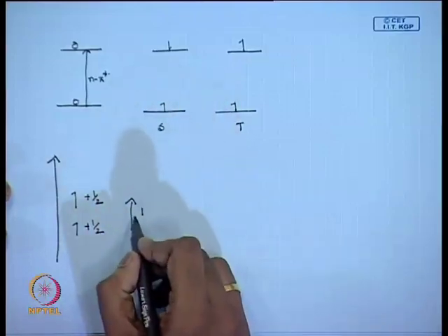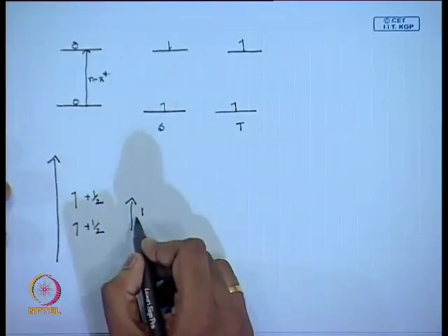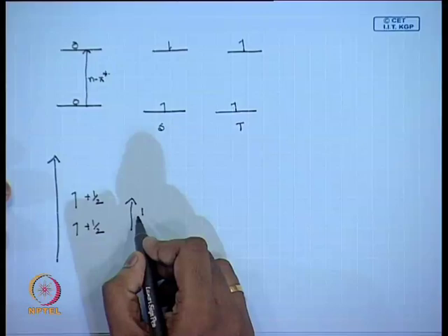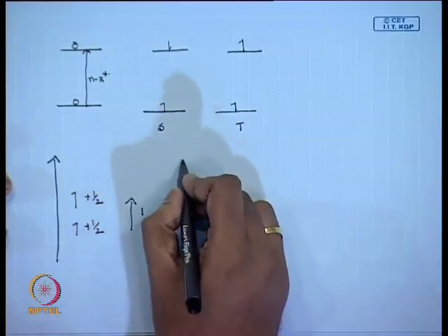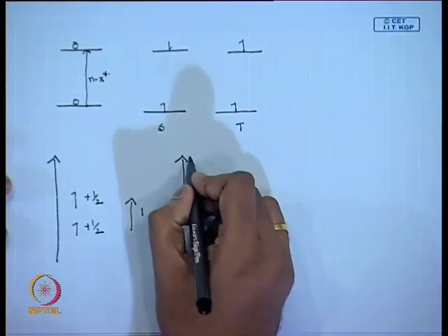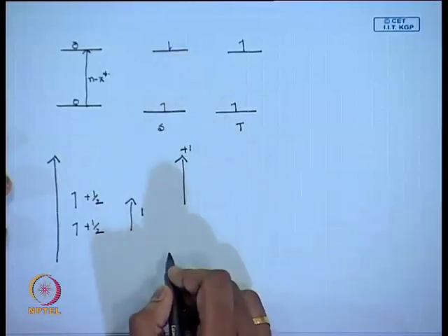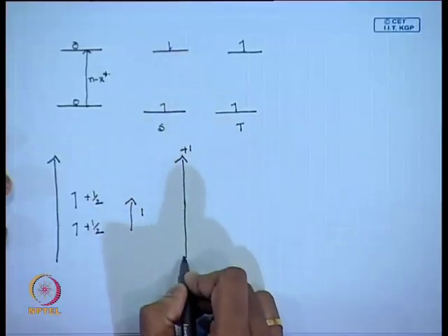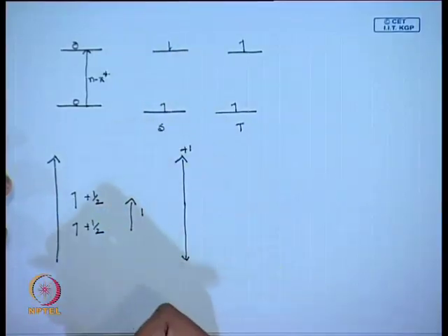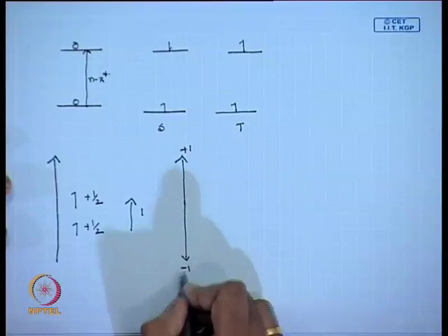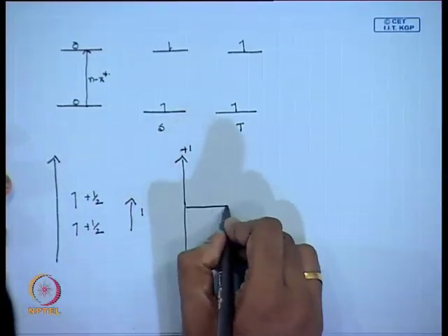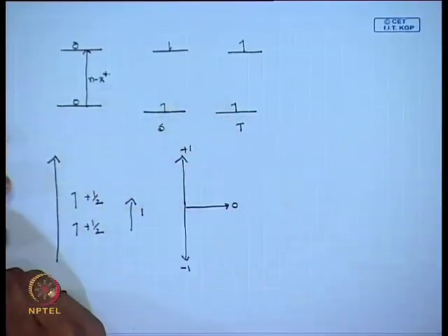Now, what happens? This spin can align 3 ways with the magnetic field. One, it can align with the direction of the magnetic field, which you call plus 1, or it can align opposite to the magnetic field, which you call minus 1, or it will be at a right angle to the magnetic field, called 0.